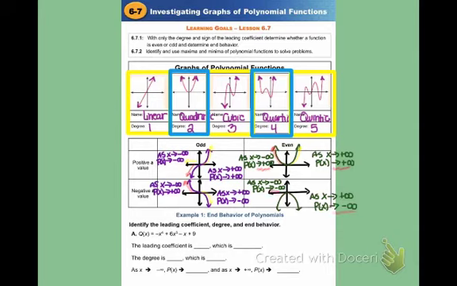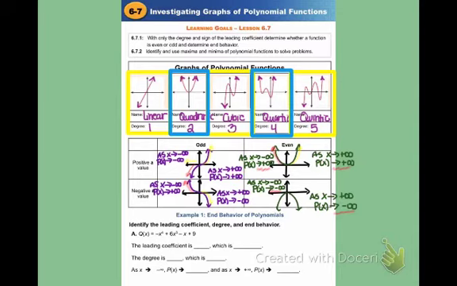So there's the significance of the leading coefficient a, whether the graph is going to face up or down as you read to the right of the graph. And also, whether it's odd or even will tell you whether the ends will be in agreement, in other words, traveling in the same direction, or whether they'll be going in opposite directions.